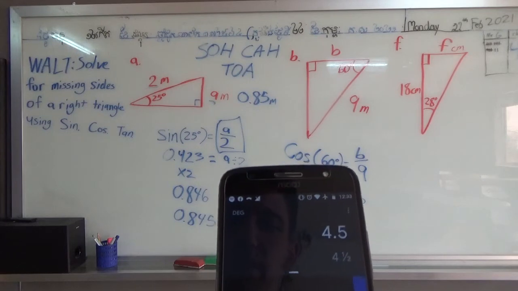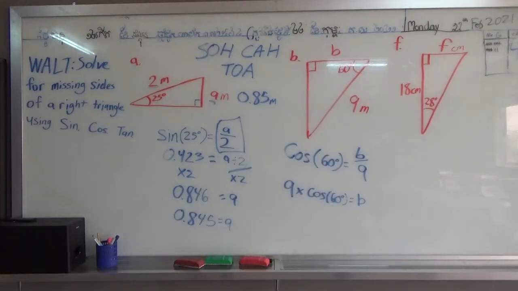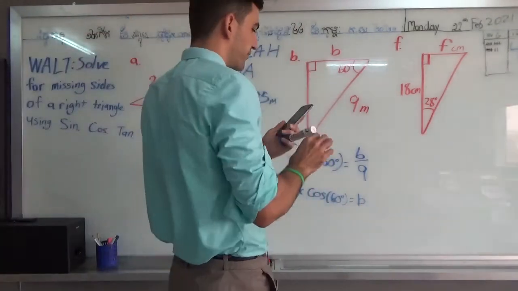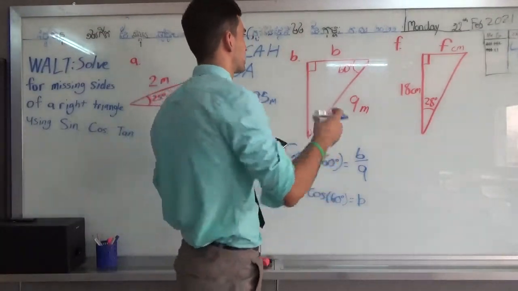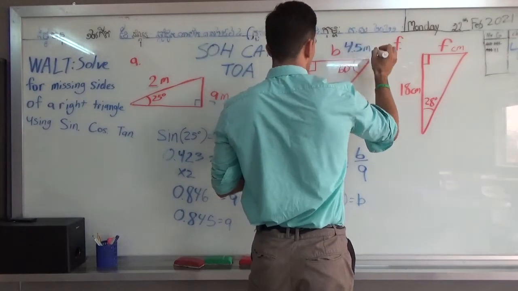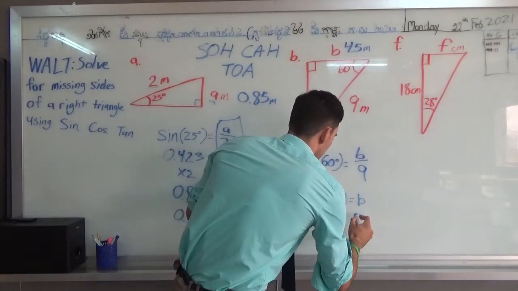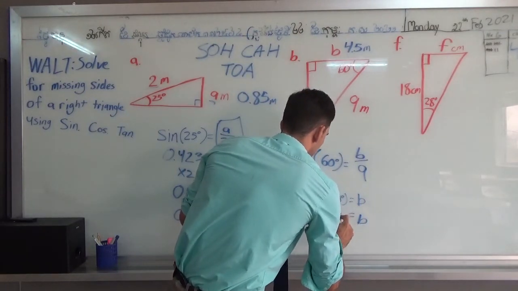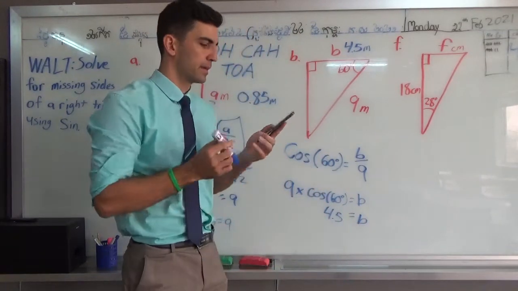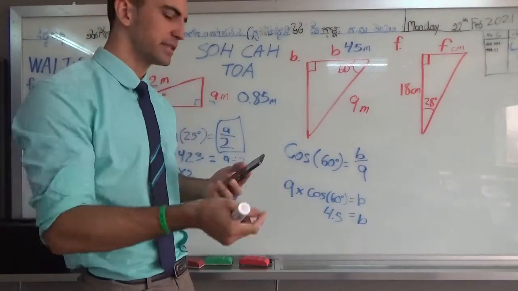And that will give us 4.5 meters. B equals 4.5, because I just multiplied 9 times the cosine of 60.